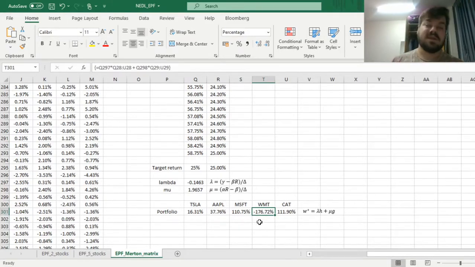This model is very concise and conceptually simple, but it doesn't have a tidy and neat way of accounting for short selling restrictions. So if you see that your optimal portfolio does include shorts, then unfortunately you'll have to resort to numerical methods, just as we did in the last video with Excel Solver, for example.